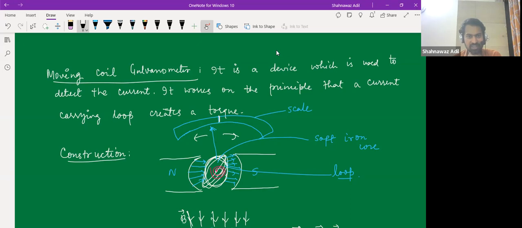So what is the meaning of the deflection of the arrow? When will it deflect, guys?